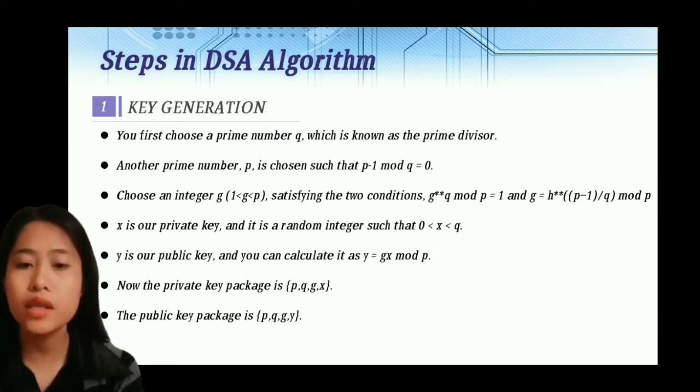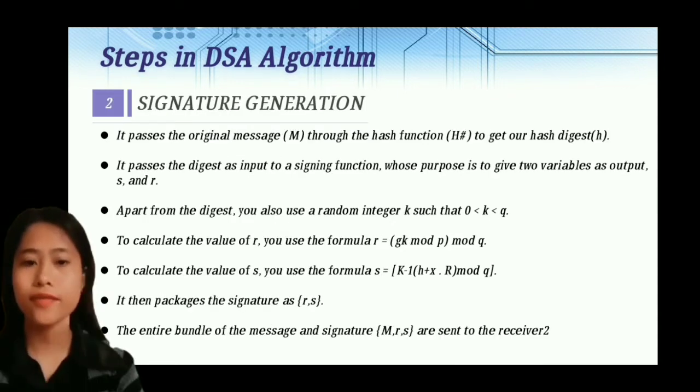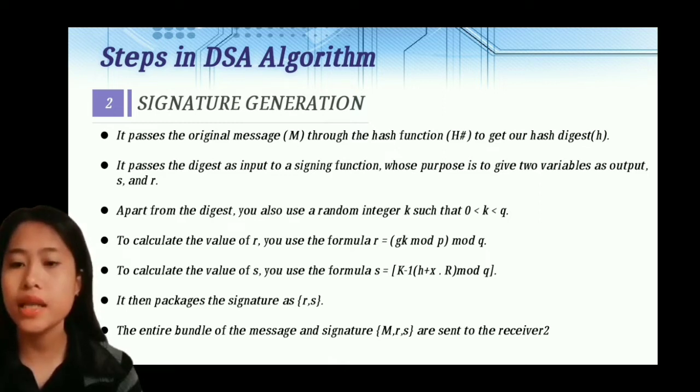Now the private key package is p, q, g, and x. The public key package is p, q, g, and y. Signature generation. It passes the original message capital M through the hash function capital H to get our hash digest, small h.